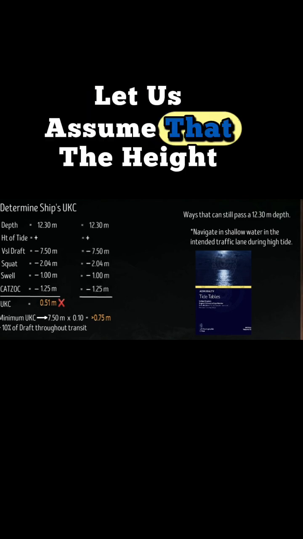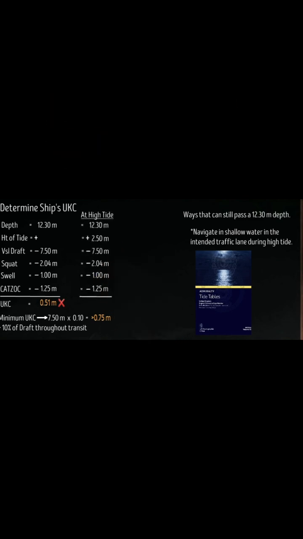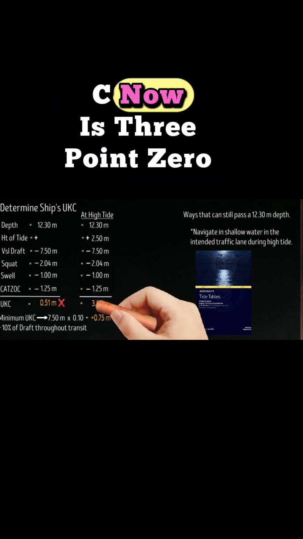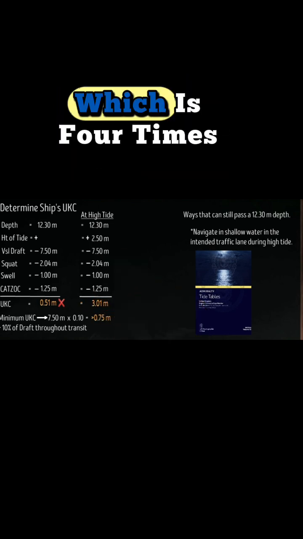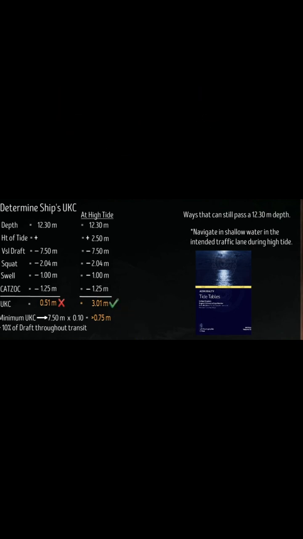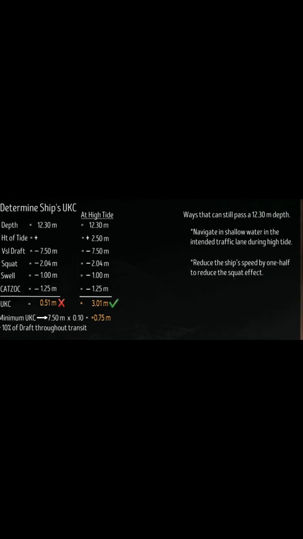Let us assume that the height of tide is 2.5 meters during high tide. By adding the height of tide, the ship's UKC now is 3.01 meters, which is 4 times greater than the required minimum UKC.